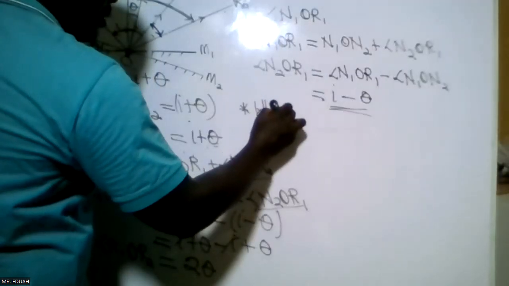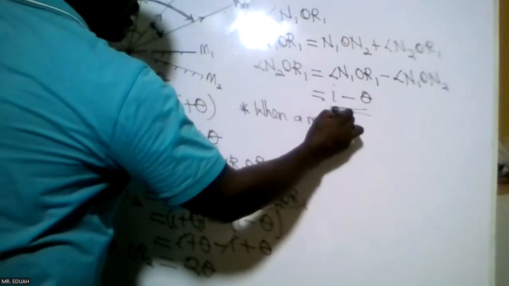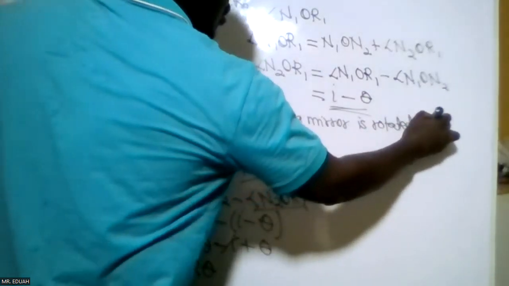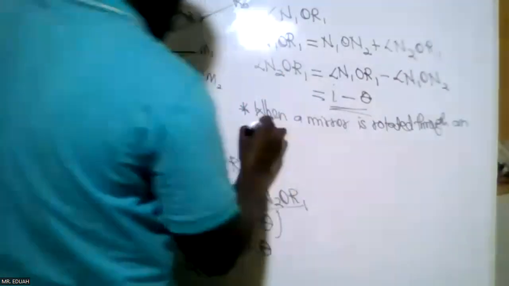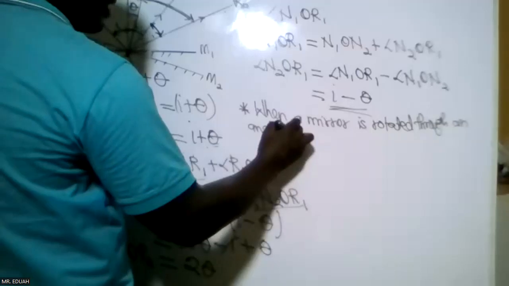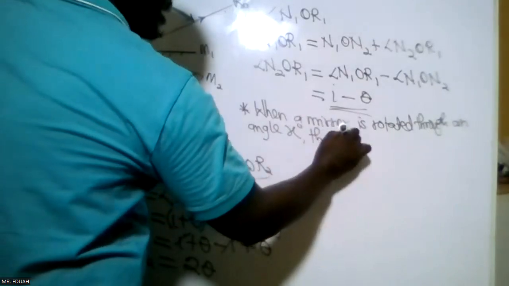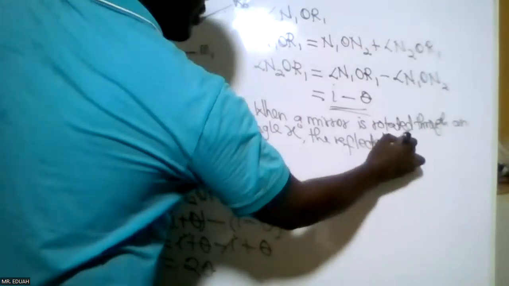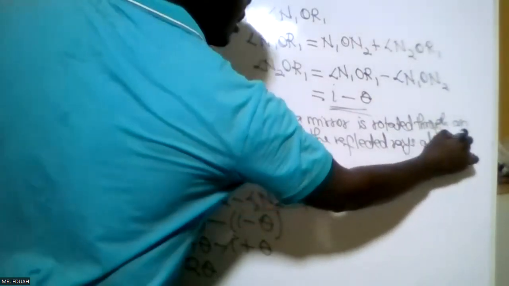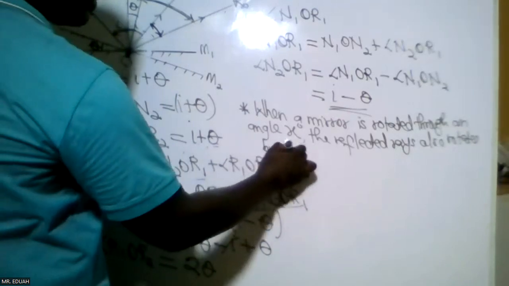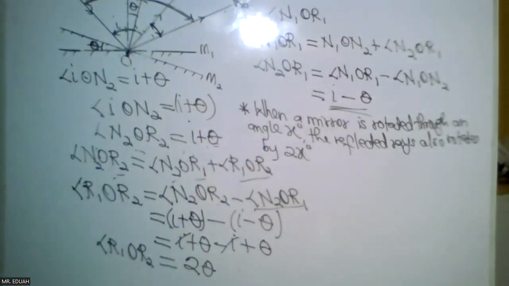When a mirror is rotated through an angle x degrees, the reflected ray also rotates by 2 times x degrees, whether the rotation is clockwise or anti-clockwise.